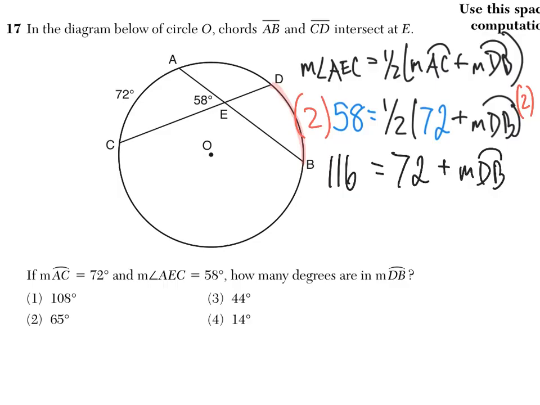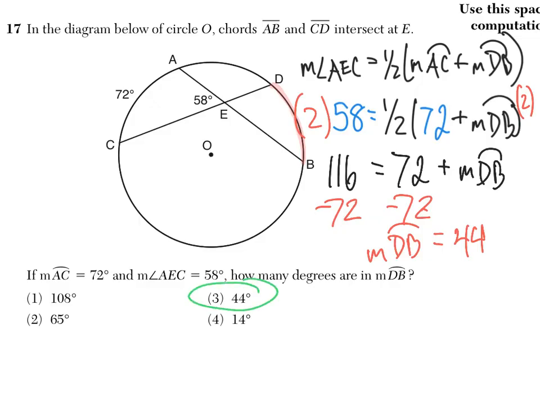Let's subtract 72 from both sides. And arc DB equals what? 44. Amazing. Is that an option? It sure is. Option 3 is 44 degrees. So arc DB is 44 degrees.